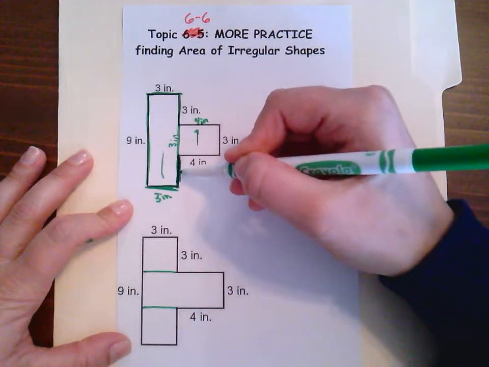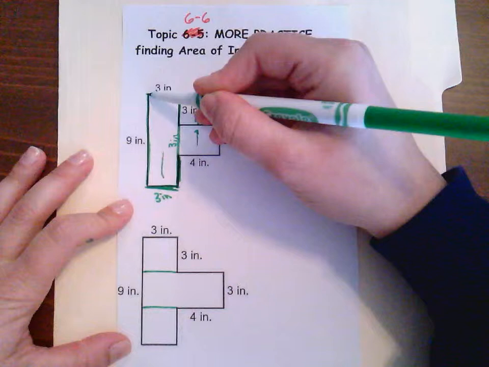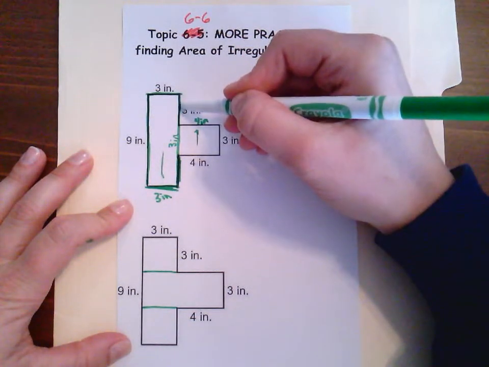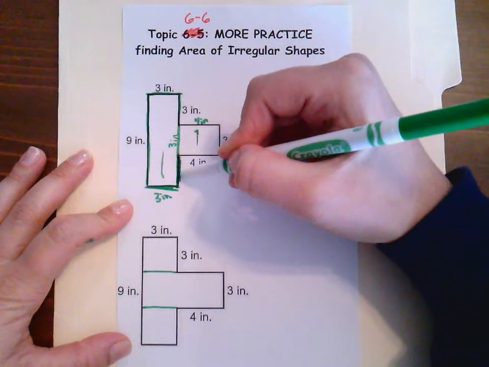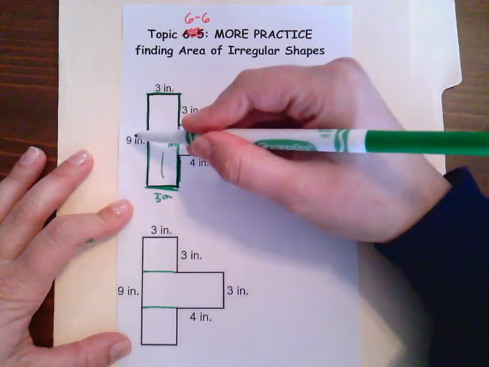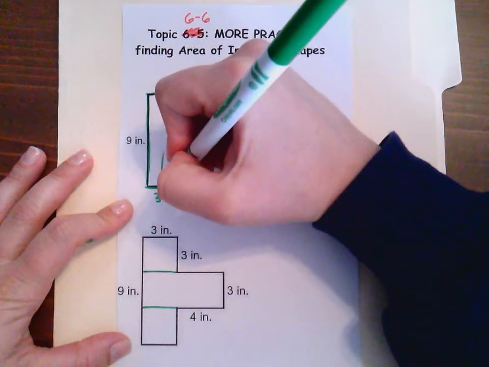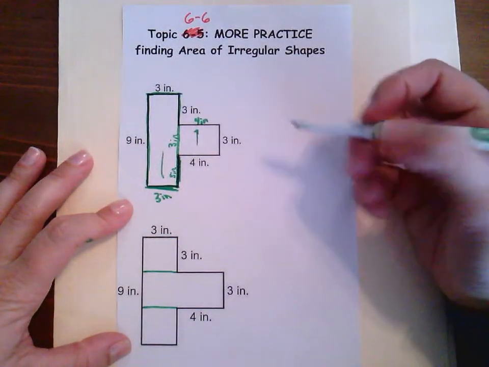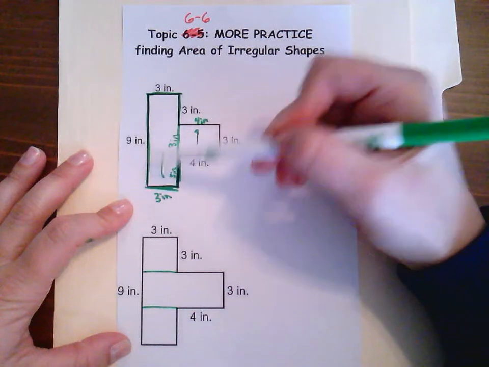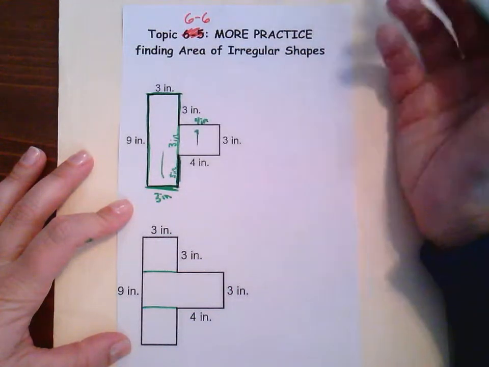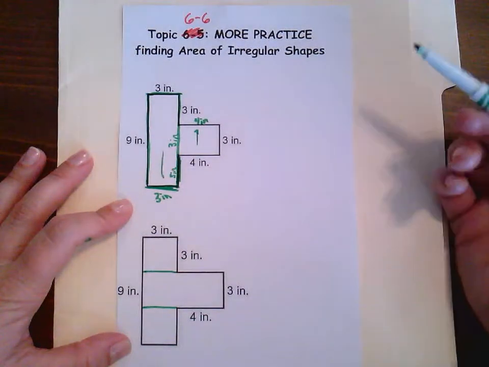If I look at this whole piece that matches up with this 9, from here to here is 9, and down here I've got 3, 3, and something else. I know that needs to equal 9. So 3 plus 3 is 6, and another 3 inches is going to equal 9. Now I've filled in all of these pieces so that together they'll equal 9, and that's how I knew that that side was going to be 3.